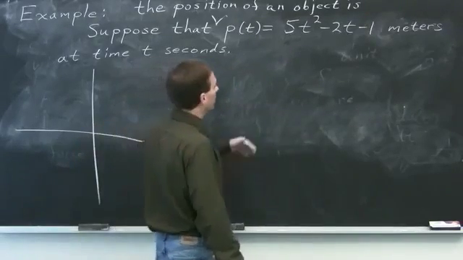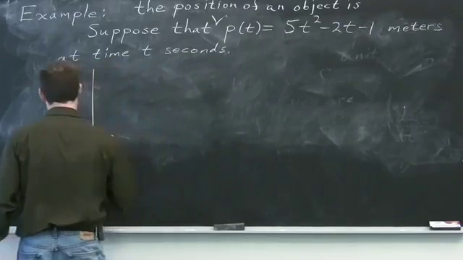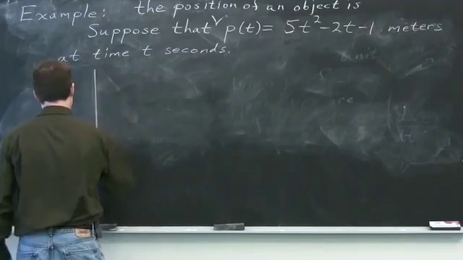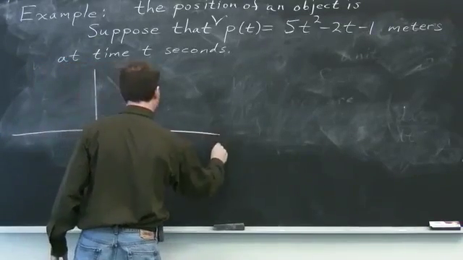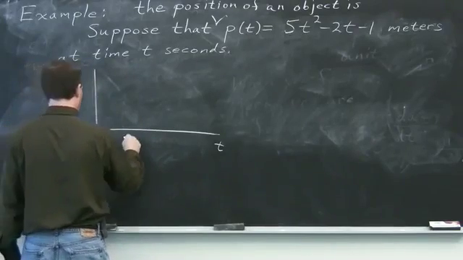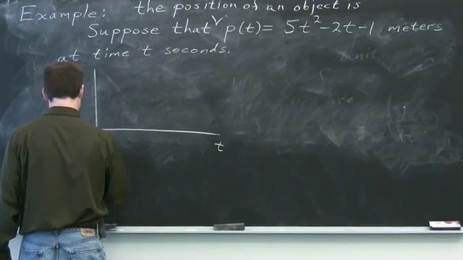You could figure out the t-intercepts using the quadratic formula. We only really care about the qualitative nature of the graph. We can figure out those things. So let's see, when t is 0, we're at minus 1.